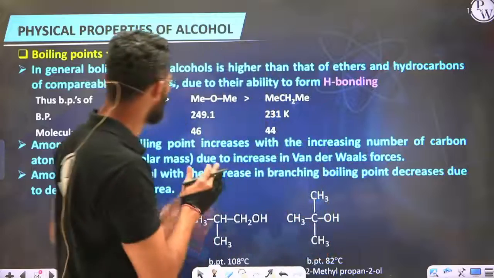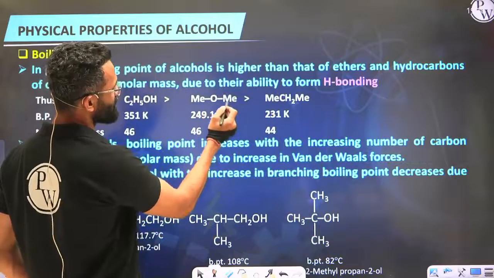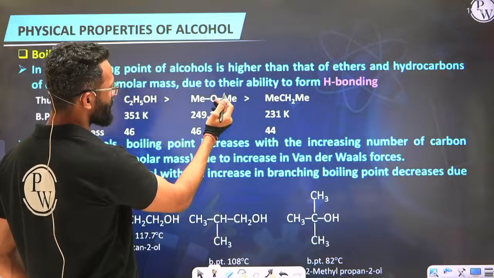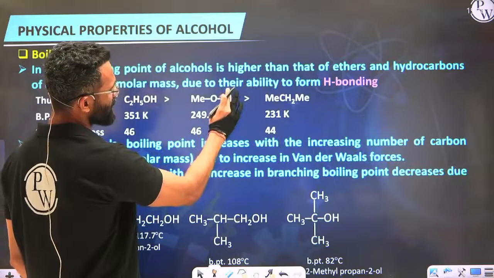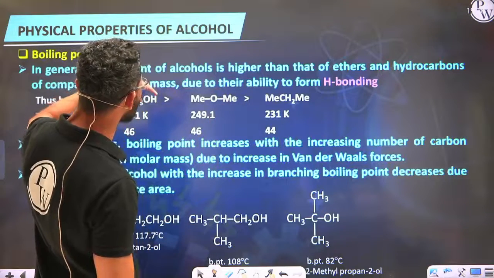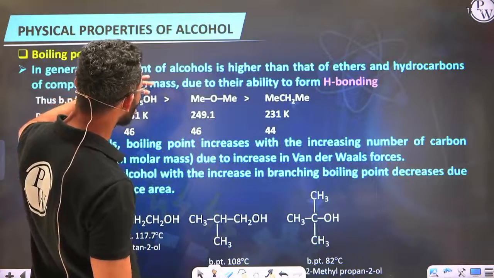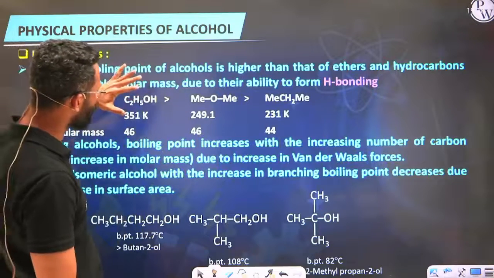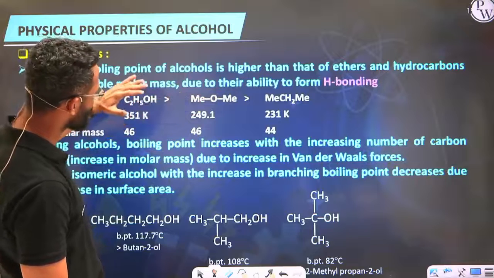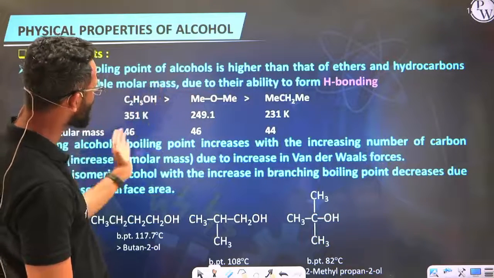Only across carbon and oxygen there will be some polarity, but otherwise it's going to be van der Waals force of attraction. So certainly in case of alcohol, because there is possibility of hydrogen bond, the intermolecular association of alcohol is way stronger as compared to an ether. Hence the boiling point of alcohol is going to be more than ether, which are of comparable molar mass.